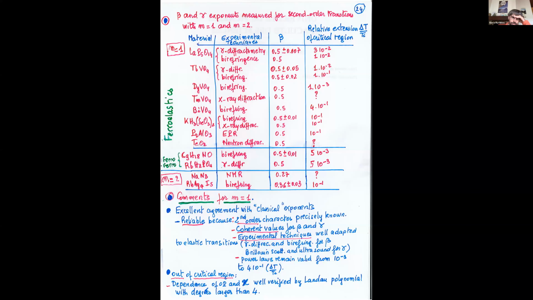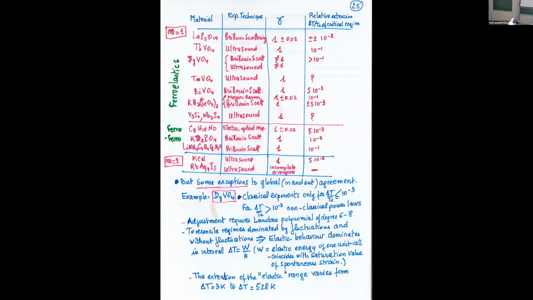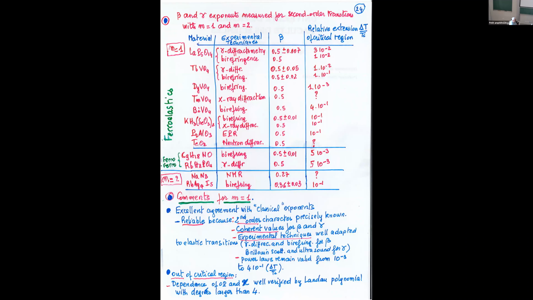Okay, so I have two slides in reality which I want to show before going to the comments. The first one is for the beta exponent, and the next one is for the gamma exponent. We don't have systematic studies for the alpha exponent. So here I have listed on the left-hand column the materials which have been very well investigated.